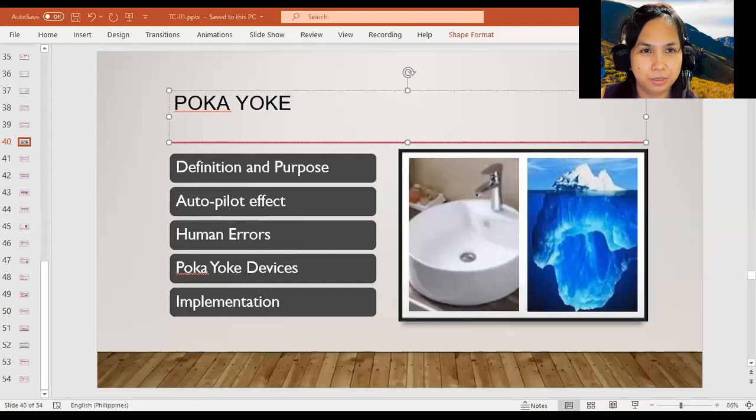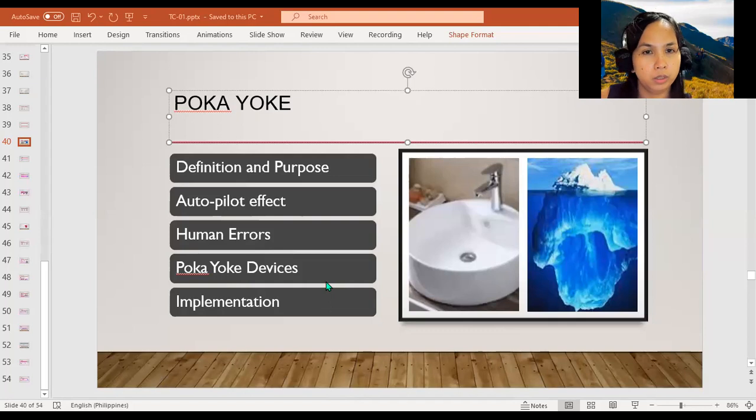Hello everyone. So for this video, we'll specifically focus on discussing and learning more about Pokayoke. Okay, first for an overview, this is many times referred to as mistake or error proofing.